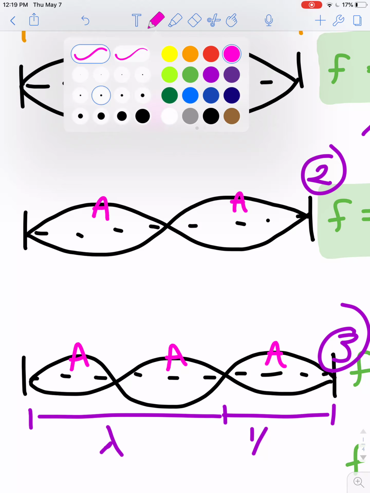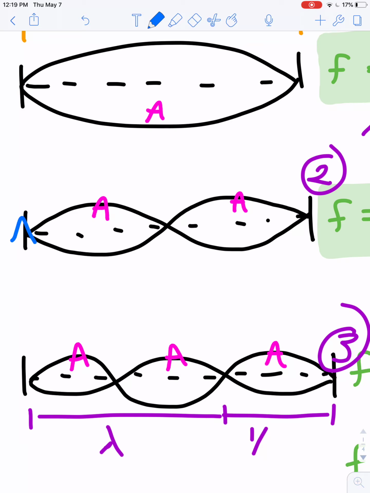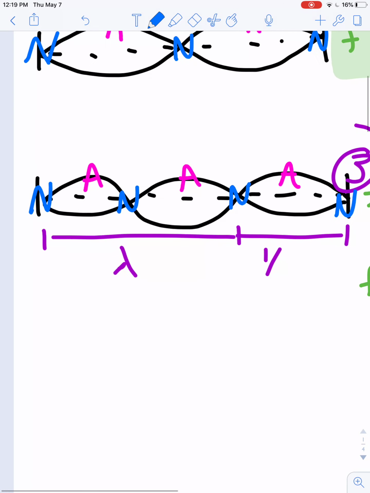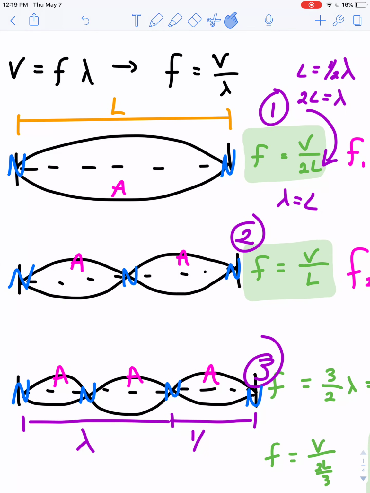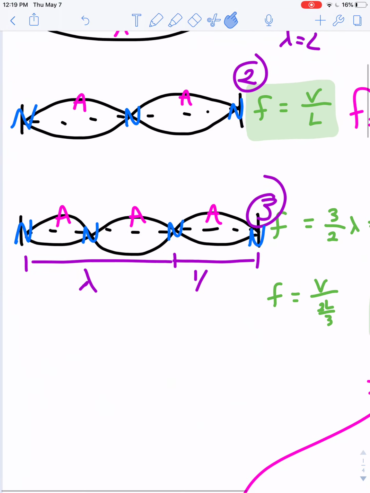And what color haven't I used? Blue, for nodes. And a node here. So in our first harmonic on a string, notice that the antinode is in the middle and there are 2 nodes on the outside.